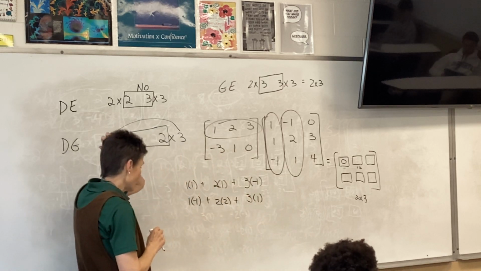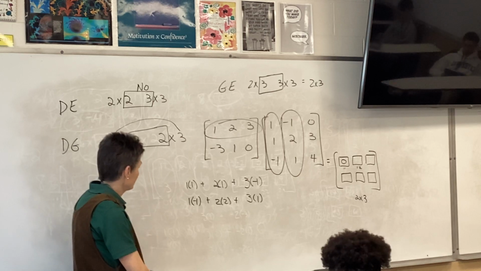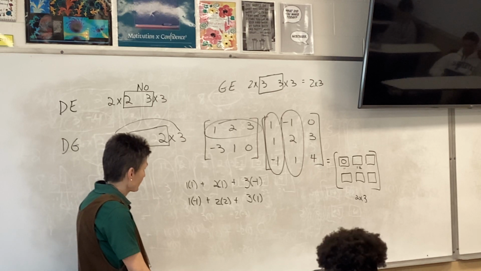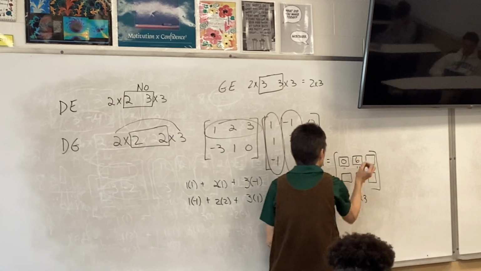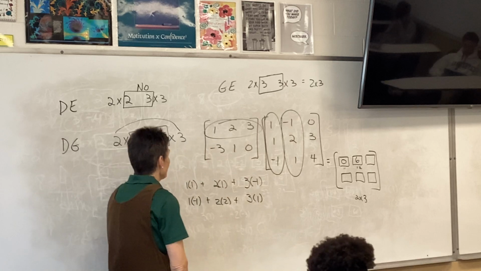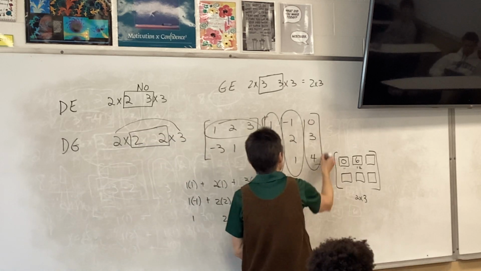So to do this arithmetic, you get 6? Yes. And then row 1 again, but this time column 3.